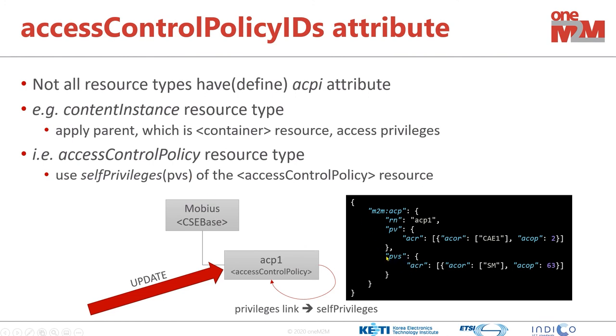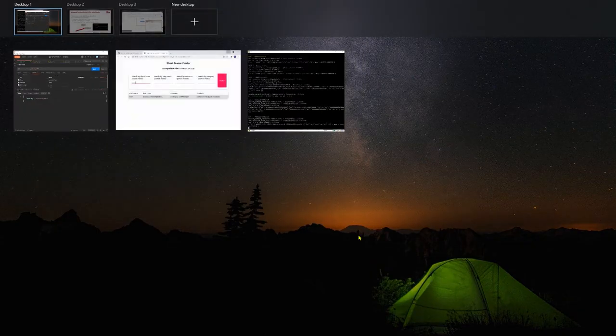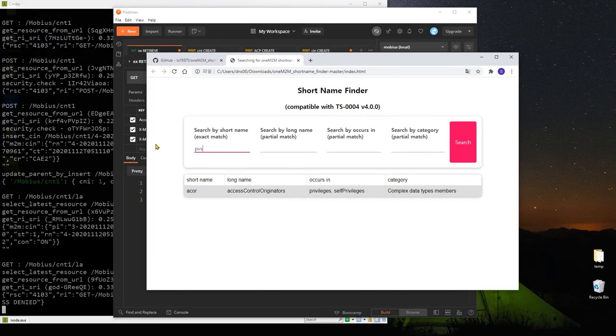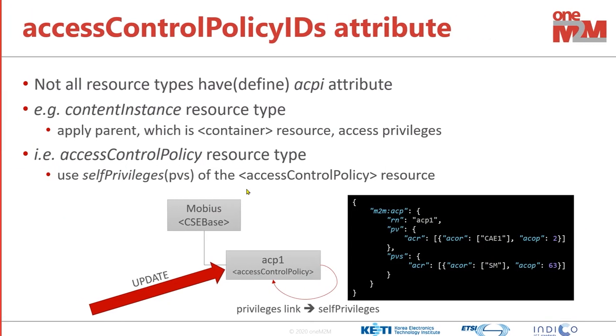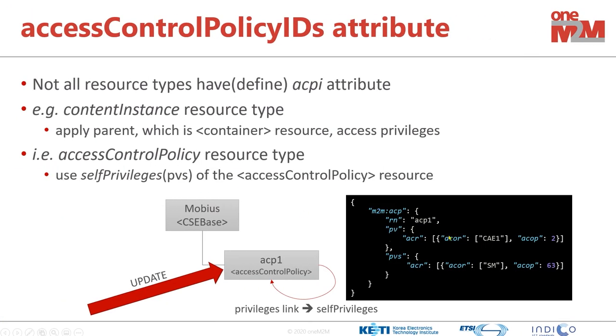In the resource, there is the PVS, which stands for self privilege. That means in the ACP, this is the privilege setting for the other resources like container 1 or group 1, whatever. And to set the privileges to access this resource itself, we put it into the self privilege attribute value like this. So that's how we can do it.